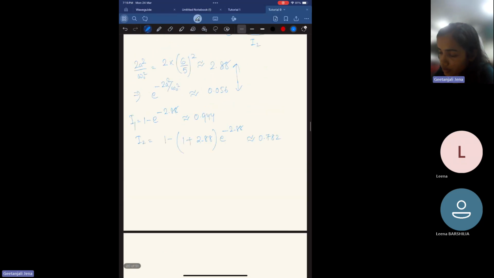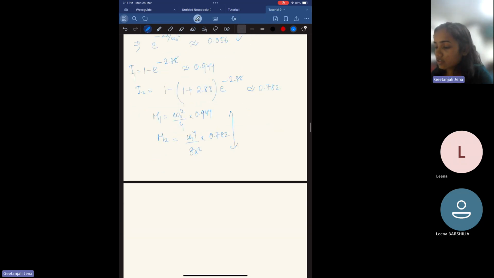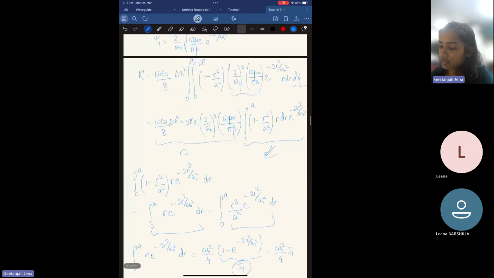That means we have M1, which is omega 0 square by 4 times 0.944, and M2, which is omega 0 to the 4 by 8a square times 0.782. Let us put these values in the integration that we have seen.